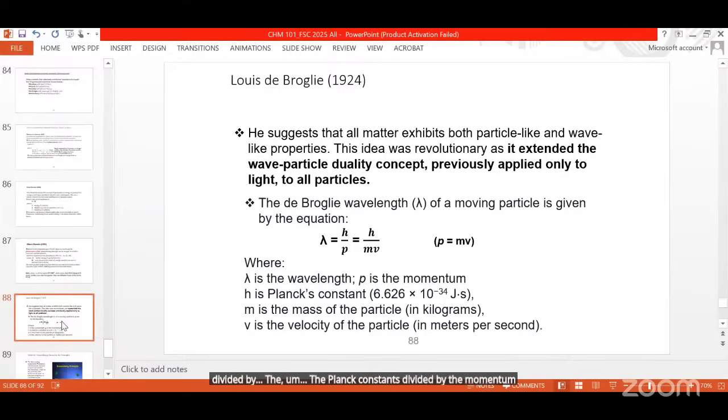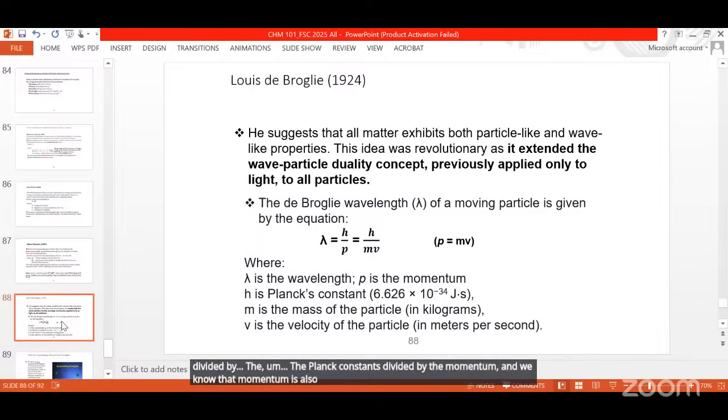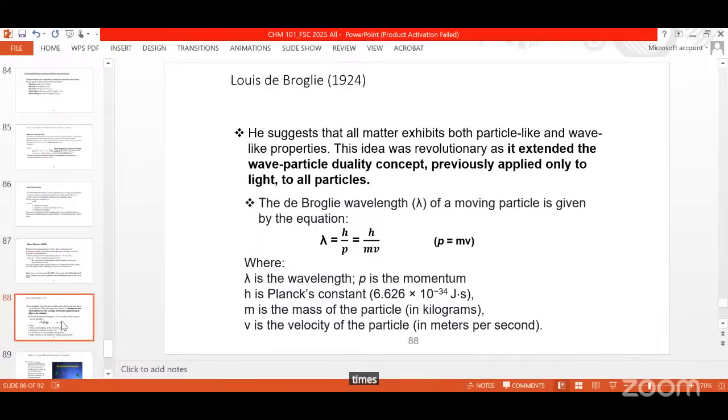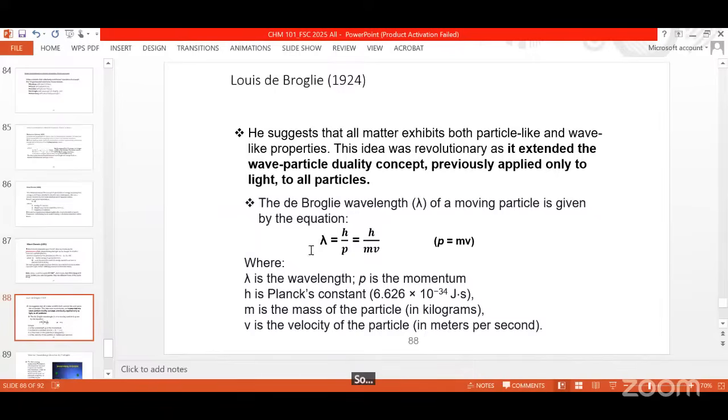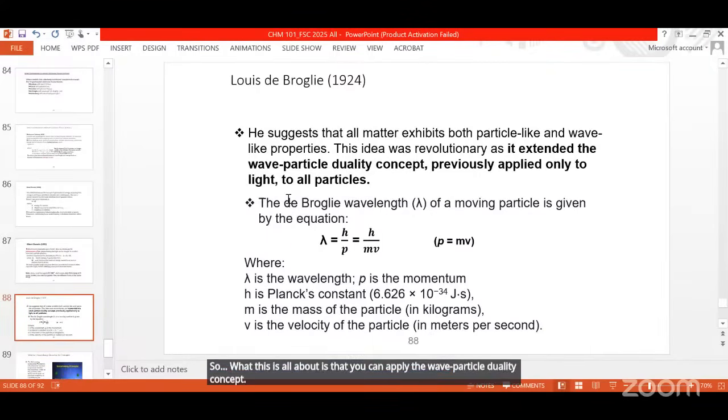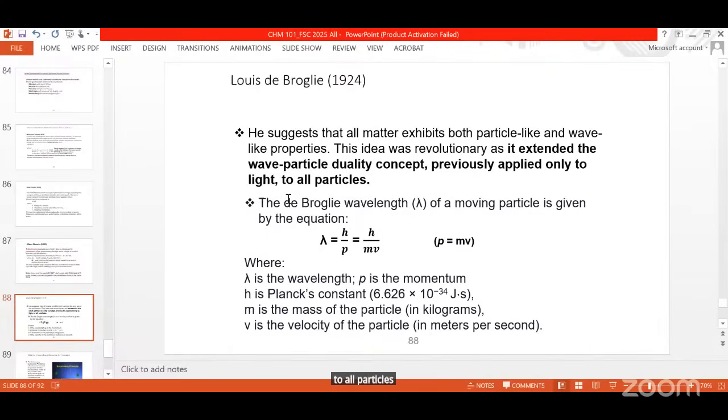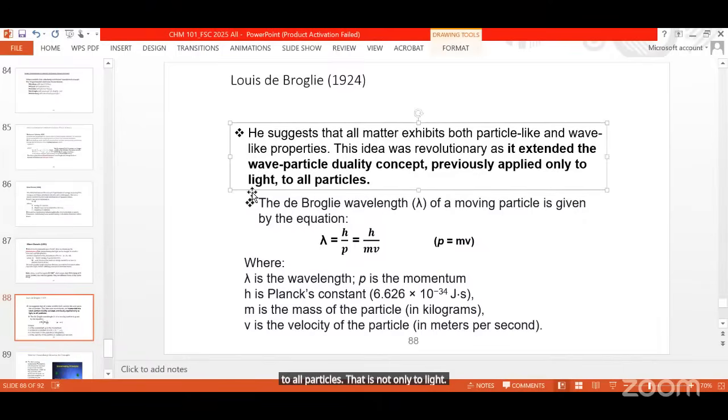And we know that momentum is also given as mass times velocity. So you can actually substitute that with mass times velocity. So what this is all about is that you can apply the wave-particle duality concept to all particles. It's not only to light, as Albert Einstein said. You can also apply it to all other particles.